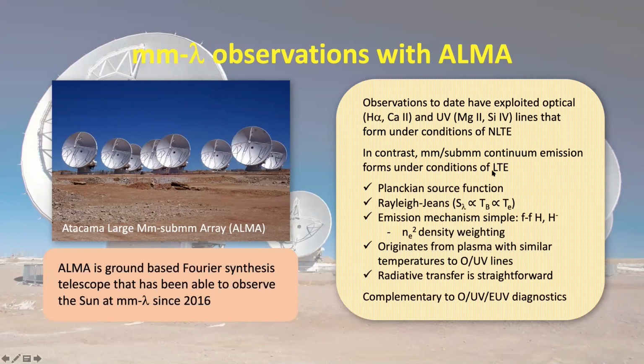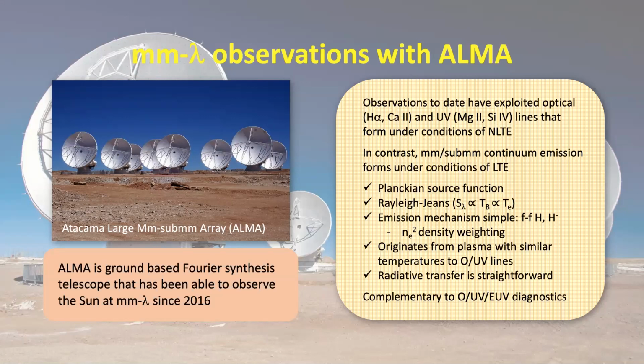What's nice about submillimeter observations is that they're highly complementary to the optical and UV observations that have largely been relied upon to date to characterize solar spicules. In contrast to the optical and UV lines that are typically observed, which form under conditions of non-LTE, the millimeter and submillimeter observations form under conditions of LTE.